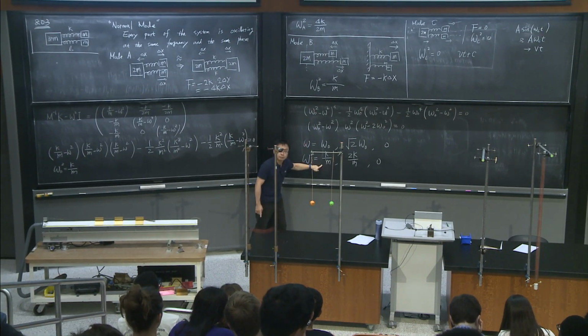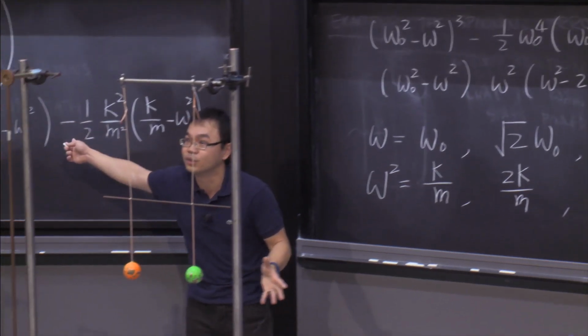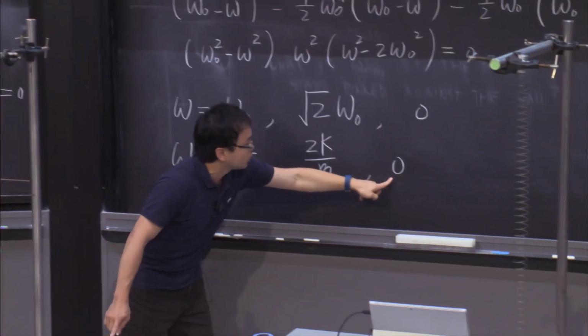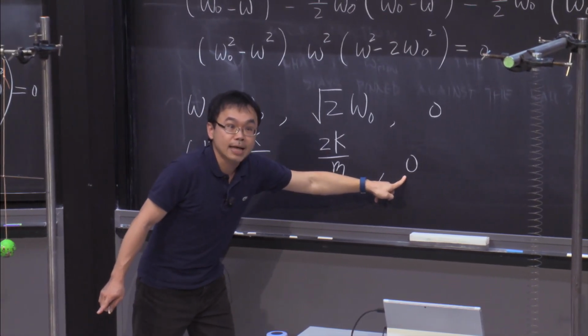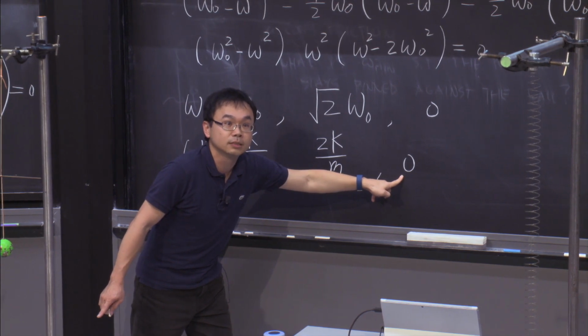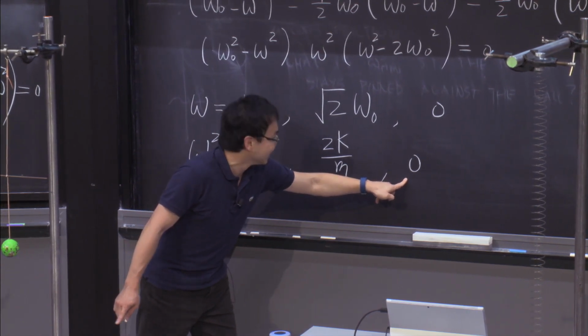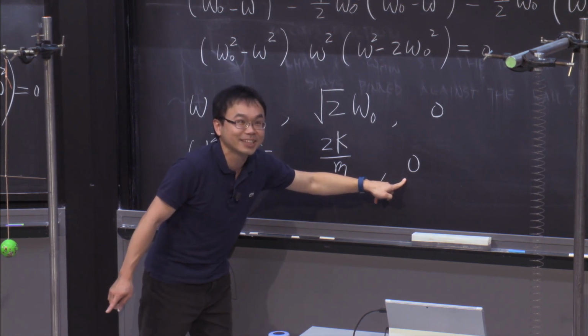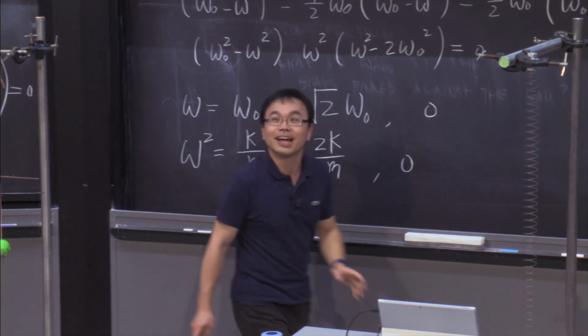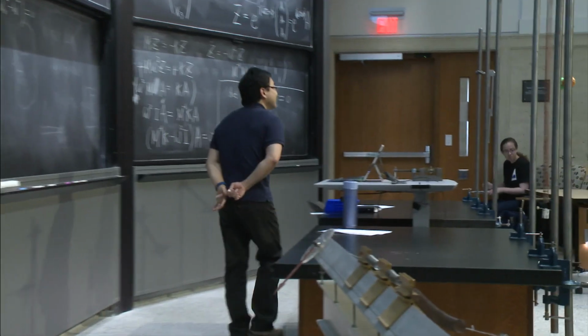I got it also here, magically, right? After all those magics. And finally, the third one: the math also knows physics. It also predicts that there's one mode which has an oscillation frequency of 0. Isn't that amazing to you?